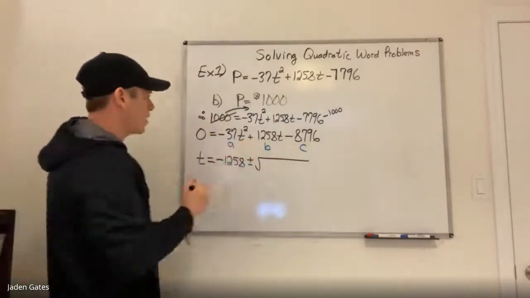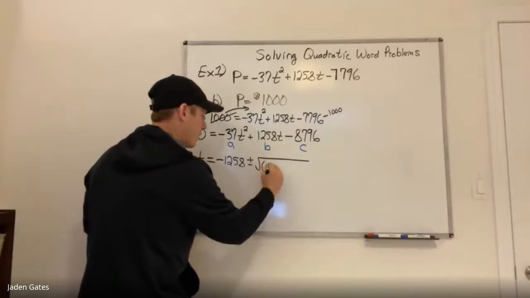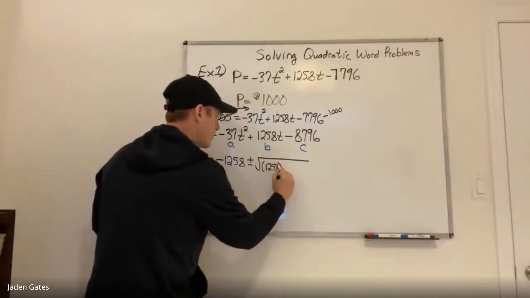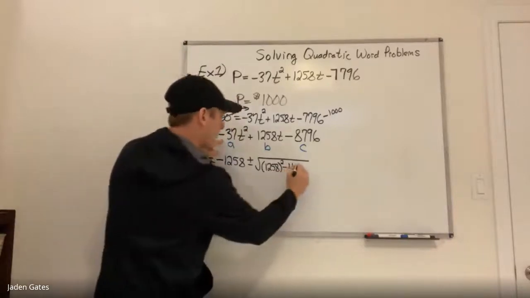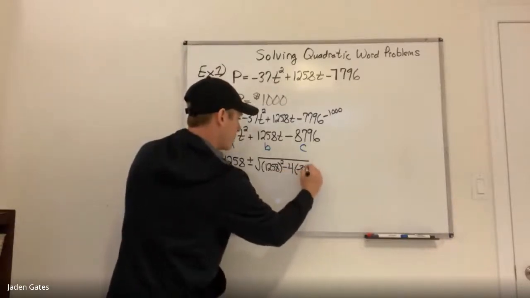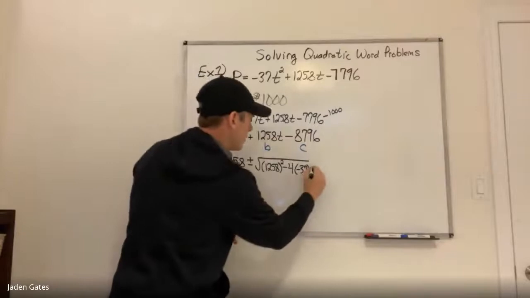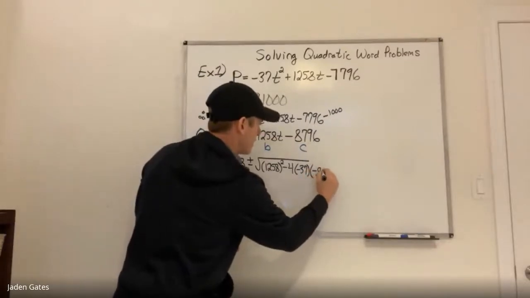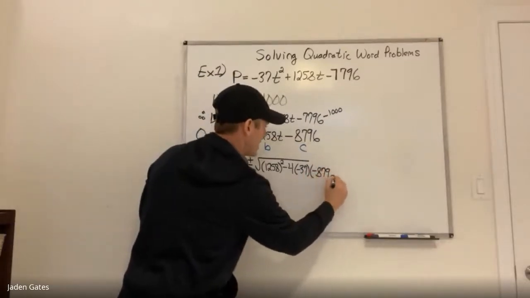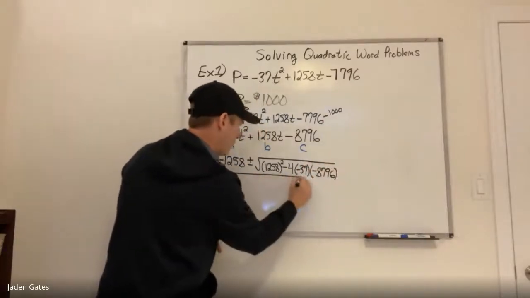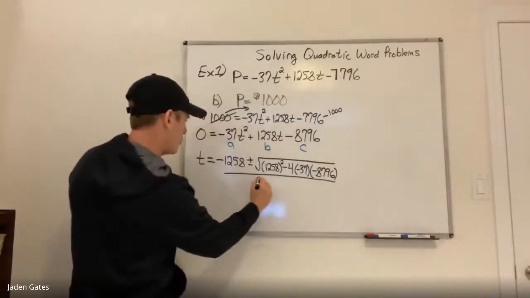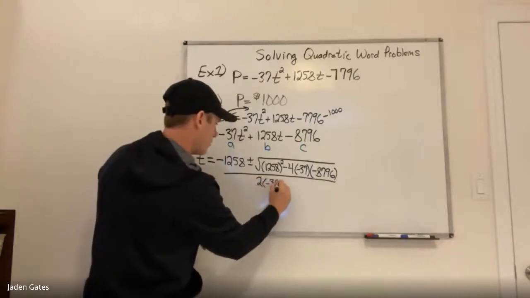That number's squared, so I'm going to take 1258 and square it, minus 4 times A, which is my minus 37, times my C, which is that big number, minus 8,796. And of course, all over 2A. So 2 times minus 37.